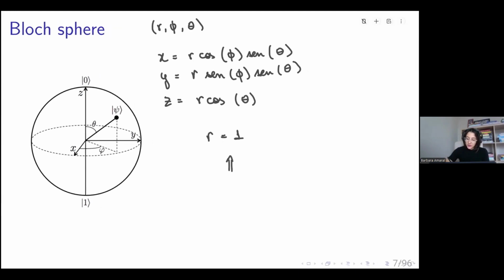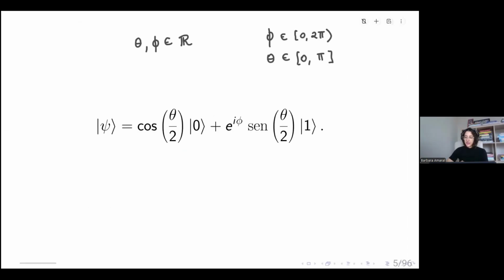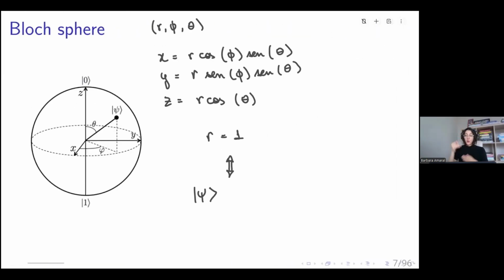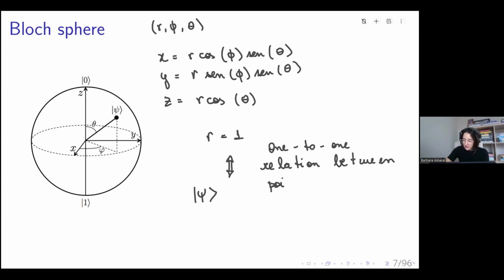These points will have a one-to-one relation with that set of vectors psi that I have here, which is going to give us a one-to-one relation between points in the sphere and qubit states. Okay.